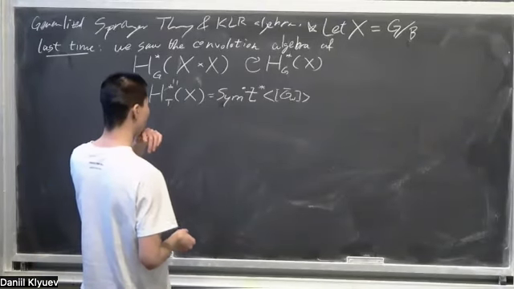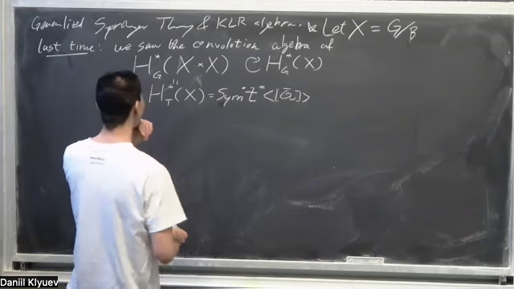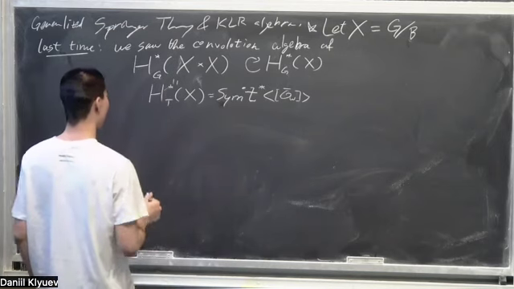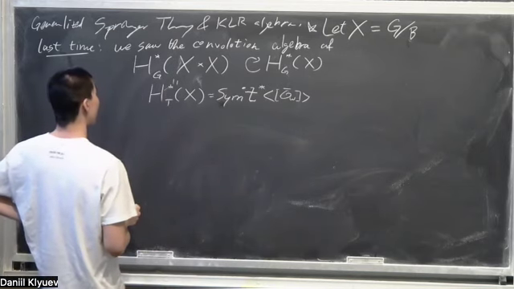It's just indexed by the Weyl groups, or these B orbits.